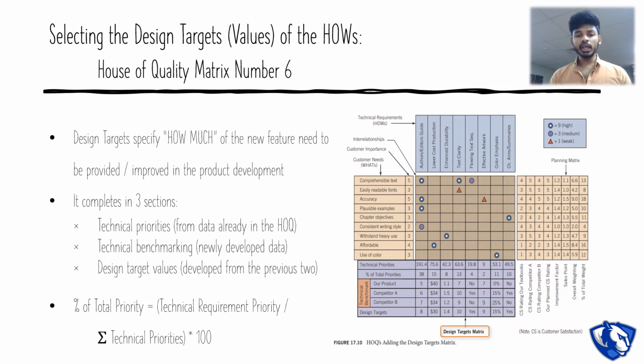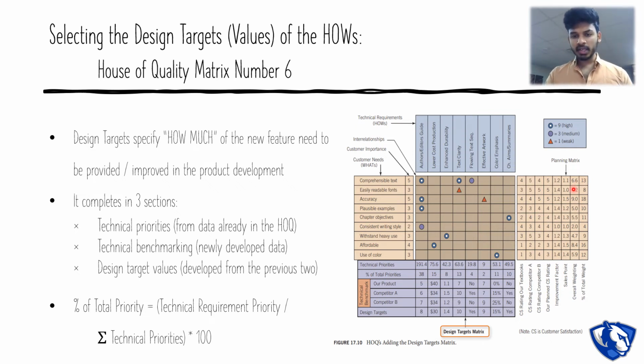So here, how is this calculated? If you could see here 191.4, you may ask how this calculation was done. In the section for the comprehensible text and the author's guide, we made this relationship a 9. So 9 into, and if you could see the overall weightage, it was 6.6.